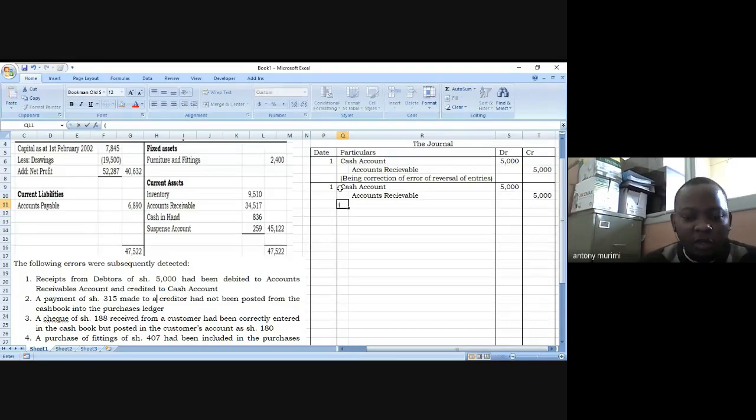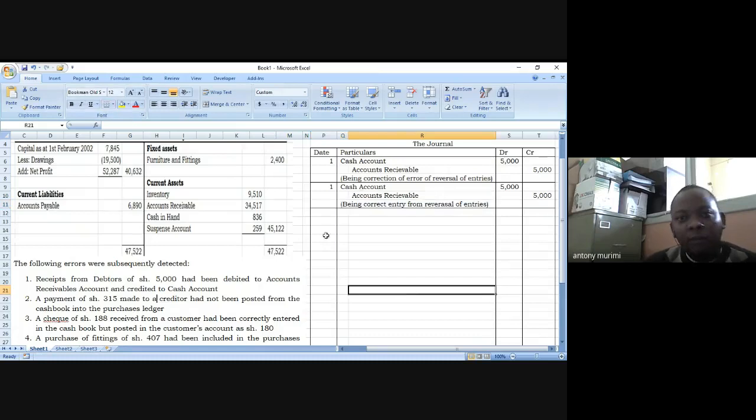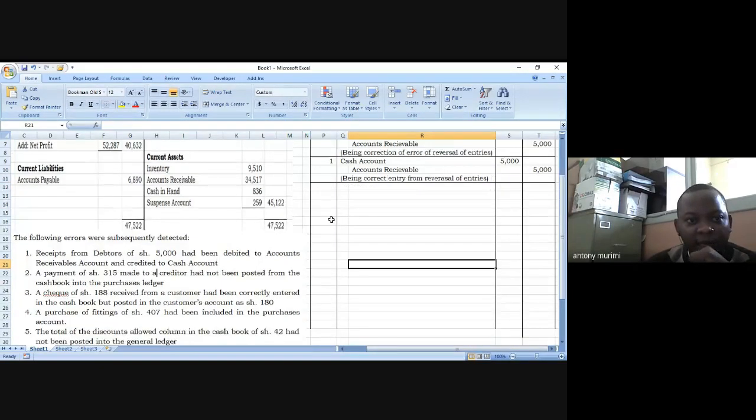Then we key in the narration being the correct entry from reversal of entries. And then you close that and move on to the second error.